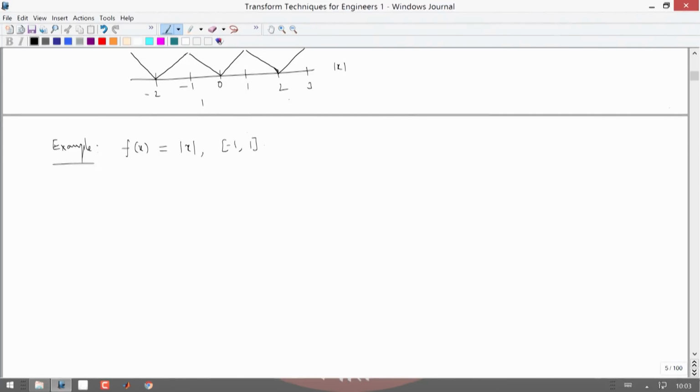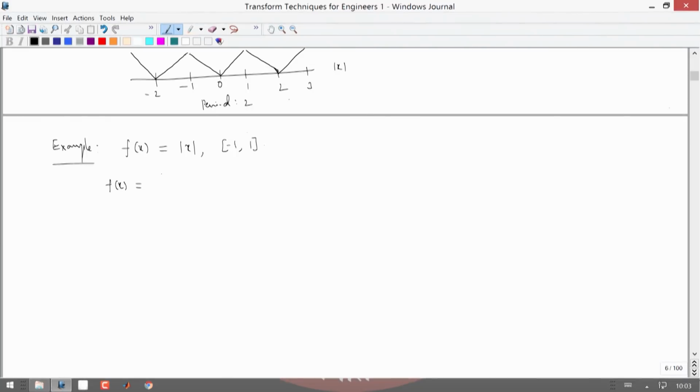So, this has a period 2. What we have stated is that this function f x involves these Fourier coefficients.